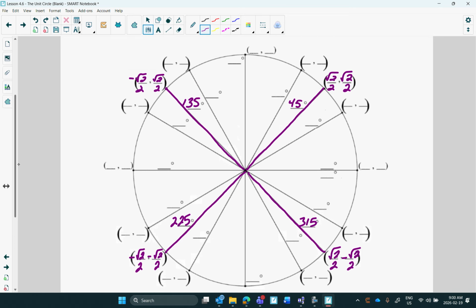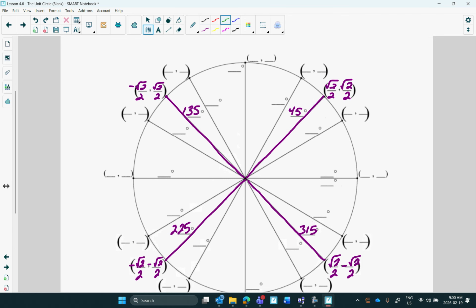Let's look at the 30-degree family. What was the point on the unit circle? Remember, it's long, short. Root 3 over 2, 1 over 2.